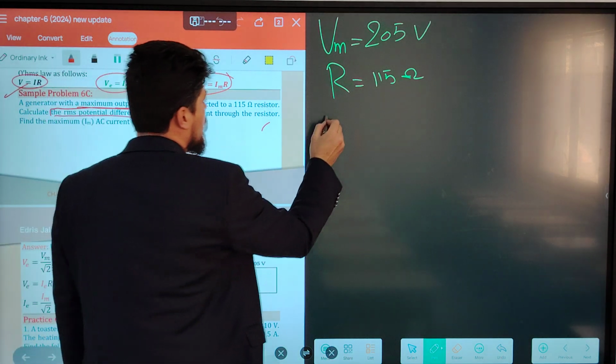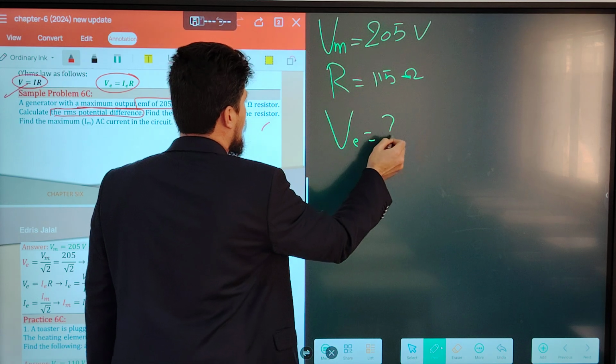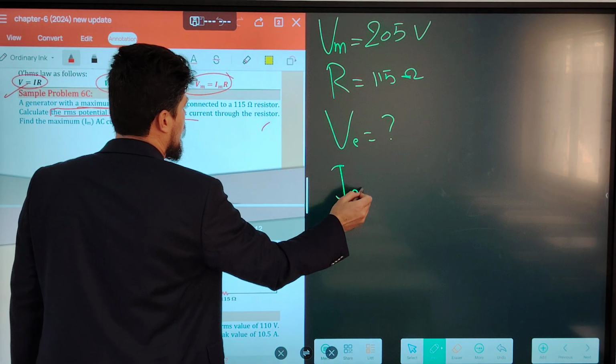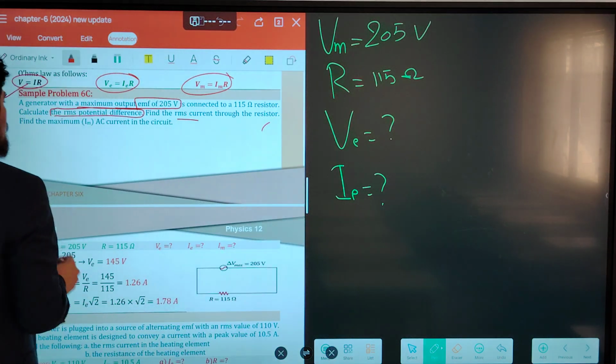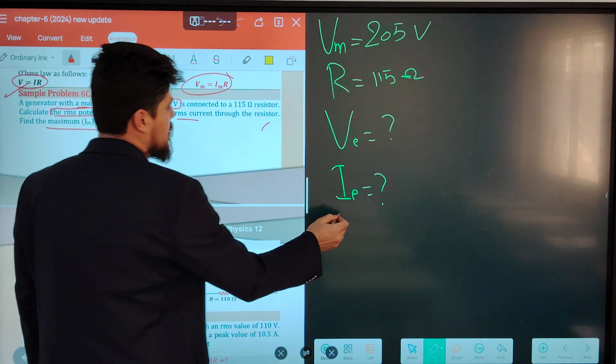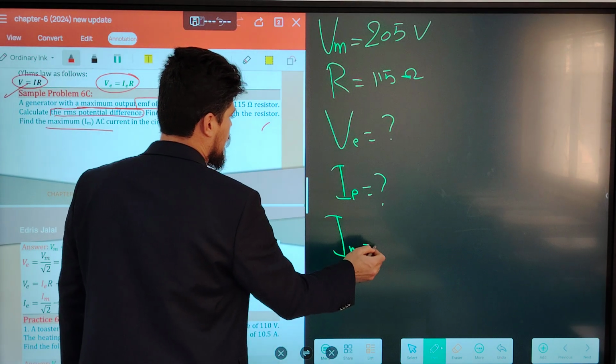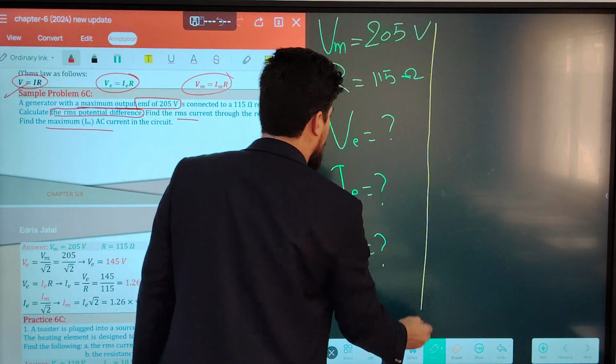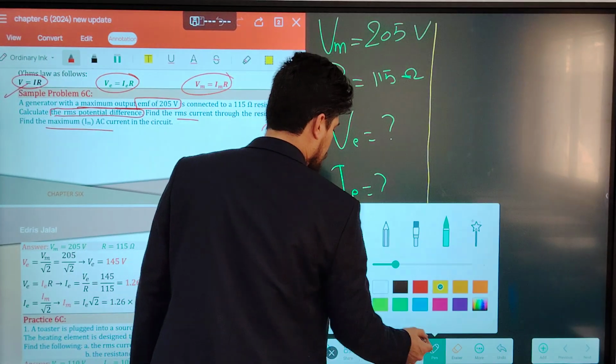What is unknown? VE is unknown. Find the RMS current, IE is unknown. Find the maximum current, IM is unknown. How many unknowns do we have? 3. Now we are finding them one by one.